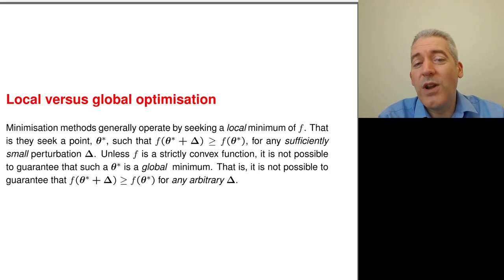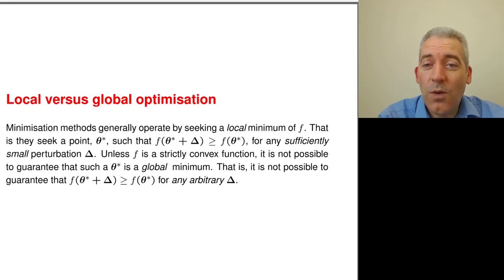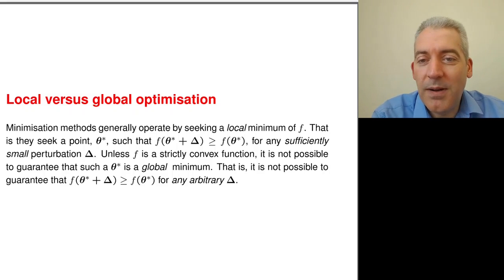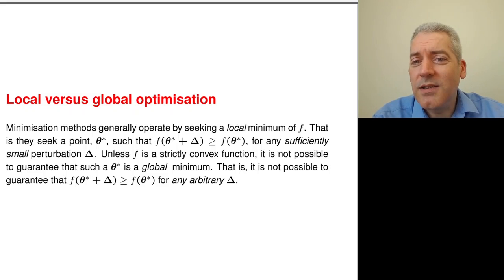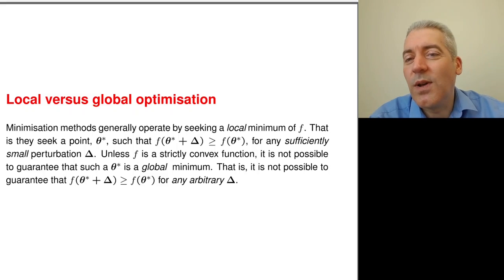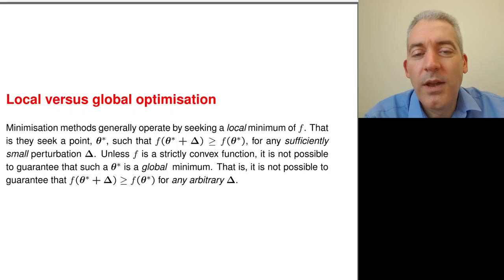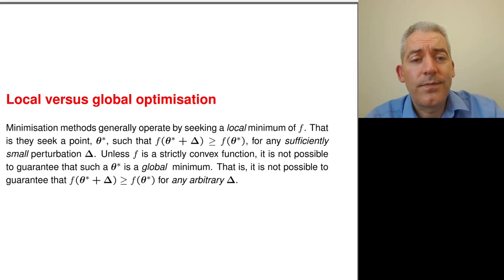Okay, so we're not going to focus on that here particularly, but it is definitely worth knowing that if your function is convex, then local minima are global minima. In fact, there are special optimization techniques that can exploit the convexity as well that we're not particularly going to talk about here.